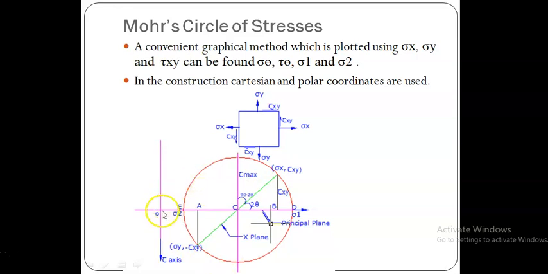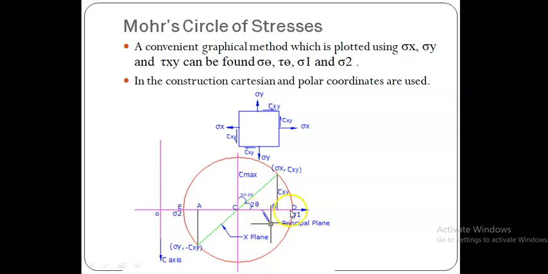From this we can draw the Mohr circle. The Mohr circle cuts the x-axis, where y equals 0, at two points, which are nothing but the principal stresses.